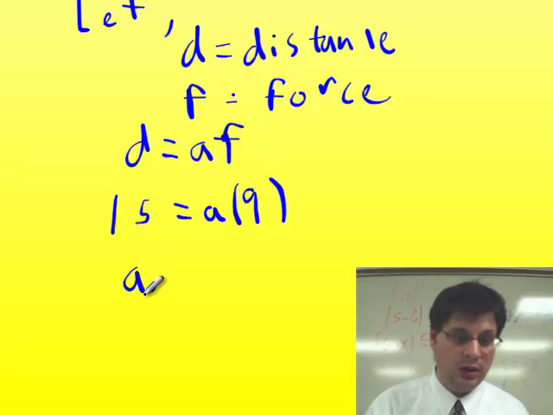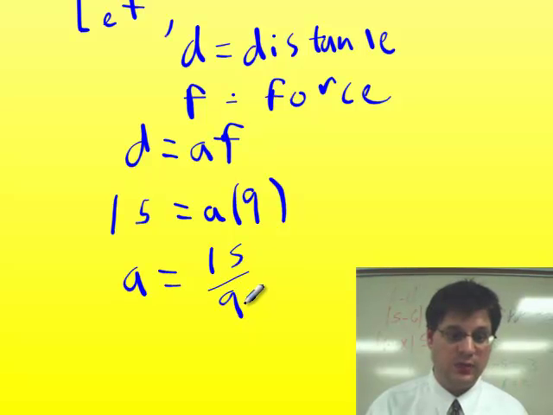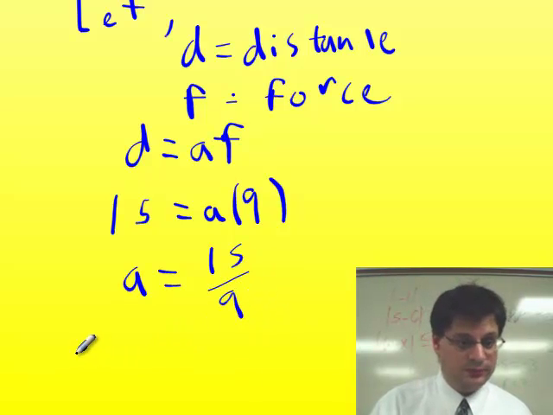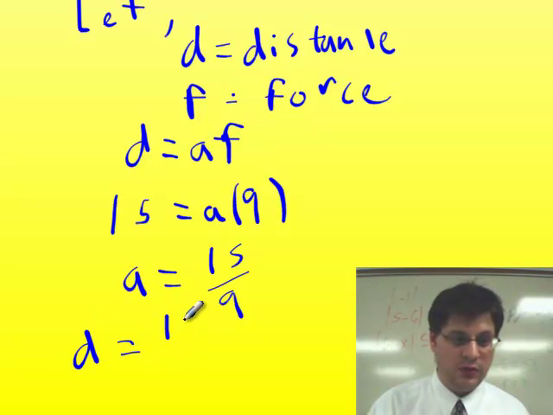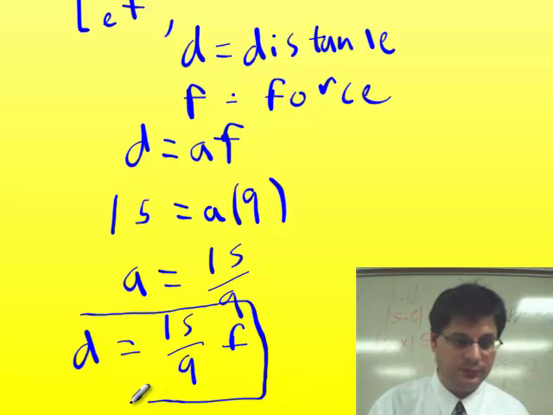So the constant of variation is equal to 15/9. So our equation is d equals 15/9 F. And we would box that in.